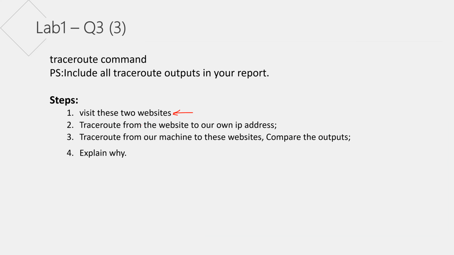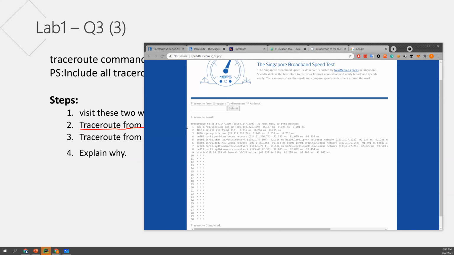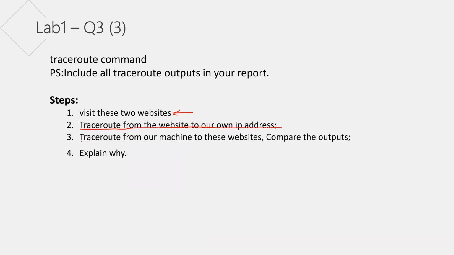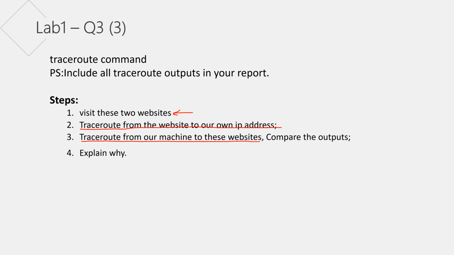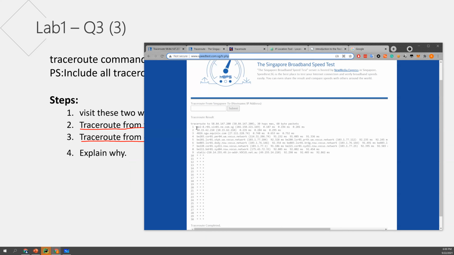And then we need to run the traceroute from the website to our own IP address. And the third step is to run the traceroute from our machine to this website, right? So you need to traceroute this website and get similar results and compare them, see if they use the same path, and explain why.